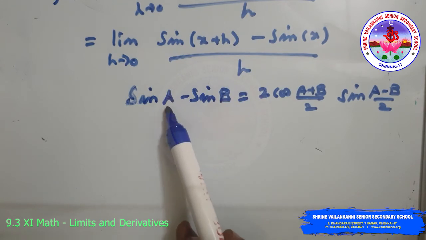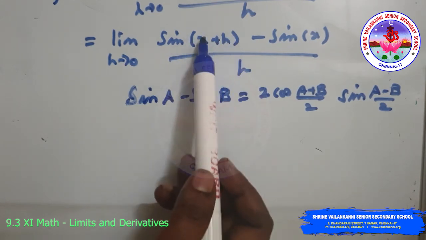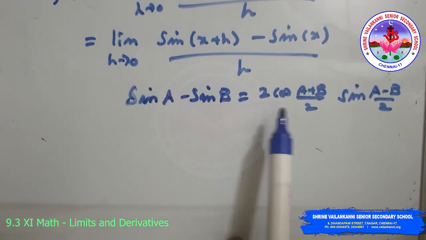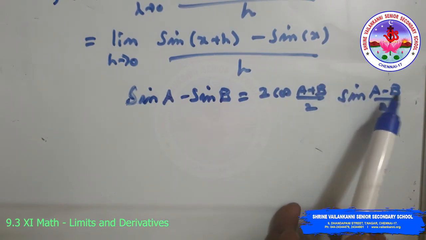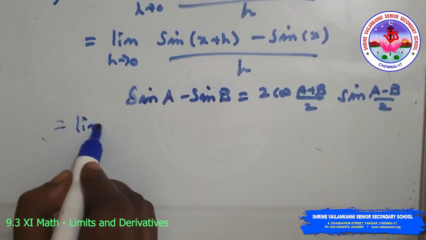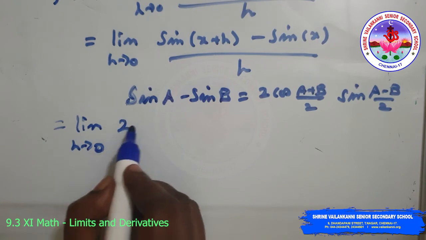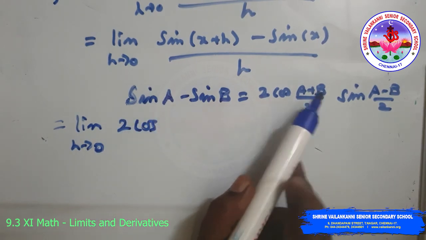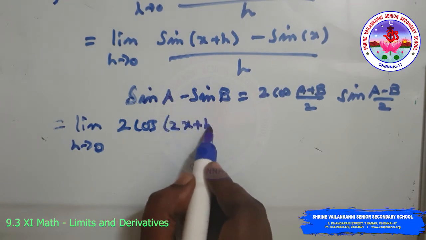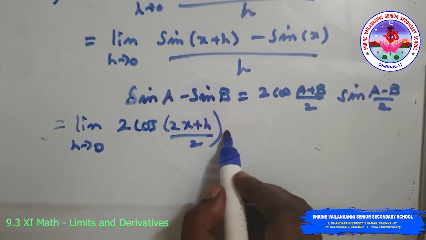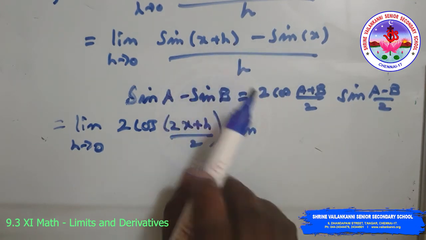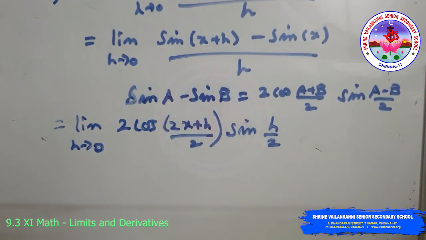Using the formula sin a minus sin b, here a is x plus h and b is x. Sin a minus sin b is equal to 2 cos of a plus b by 2 into sin of a minus b by 2. So this is equal to limit h tends to 0 of 2 cos of (x plus h plus x) by 2, that is 2x plus h by 2, into sin of (x plus h minus x) by 2, that is h by 2.